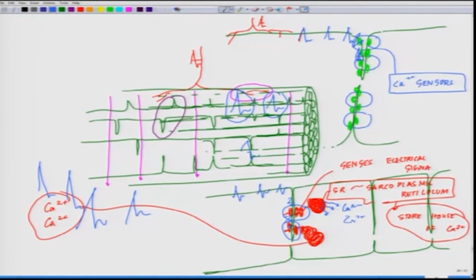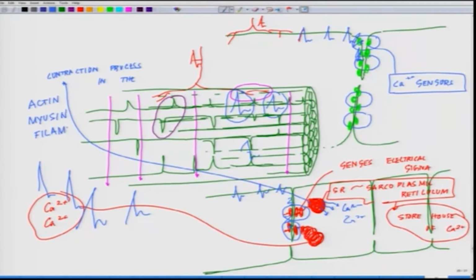This calcium now initiates what we talked about, the contraction process in the actin myosin filaments.